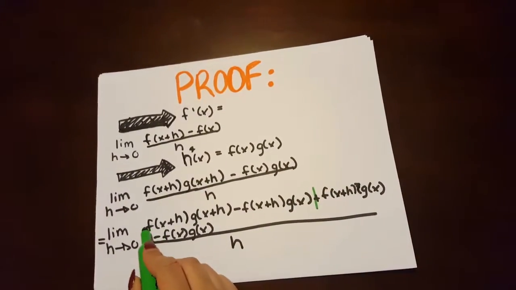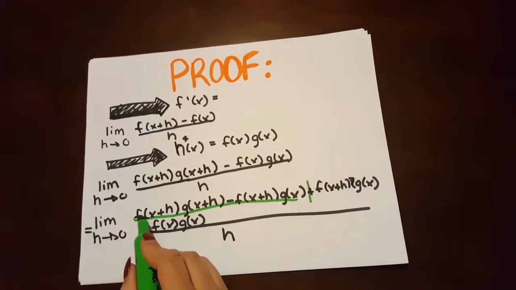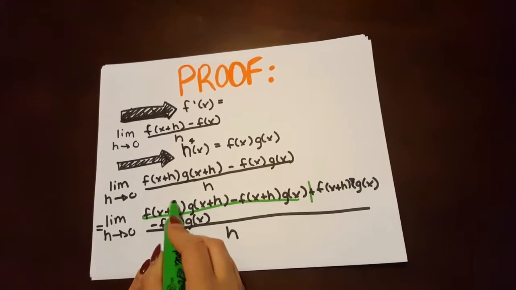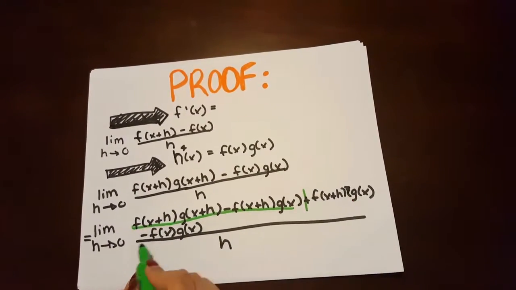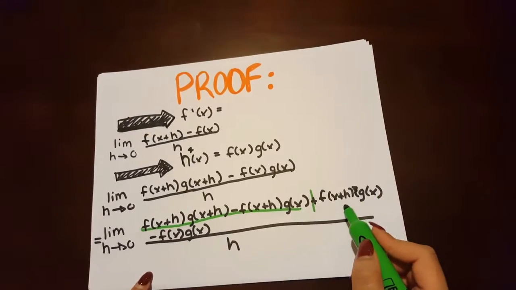So from here to here, we're going to factor out f(x plus h), and from here to here, we're going to factor out g at x.